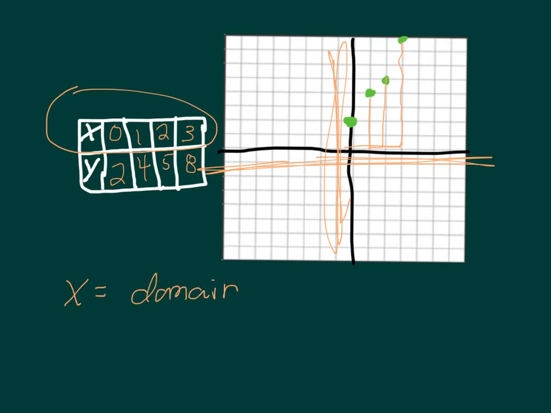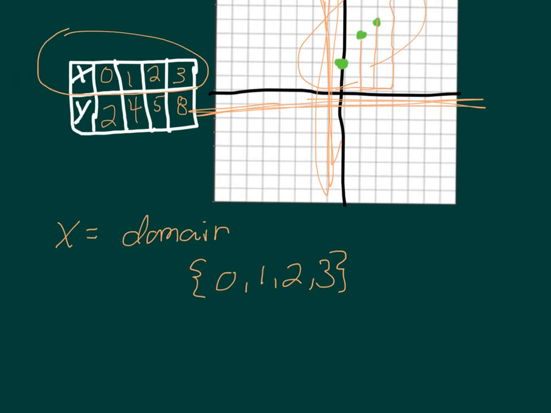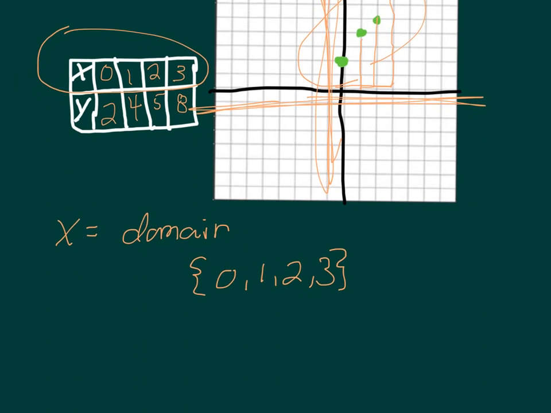So the domain of this graph right here, we'll go ahead and put in here like this: 0, 1, 2, and 3. And same thing with our range, our Y: our Y is going to equal our range. Our range in this graph is going to be 2, 4, 5, and 8.